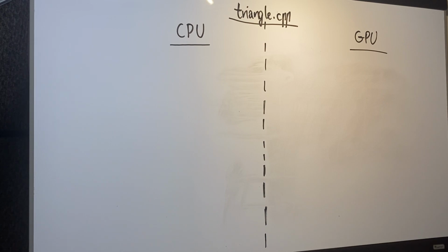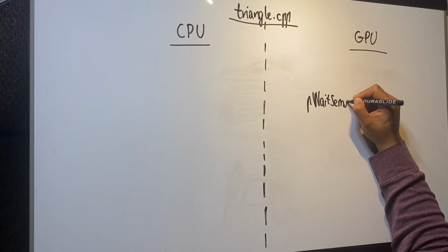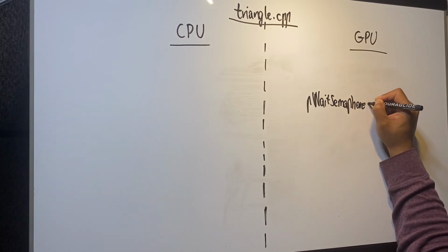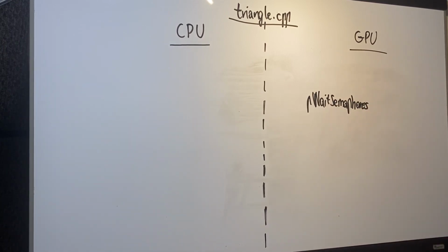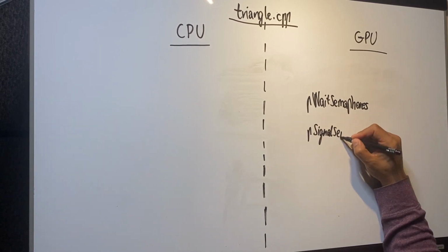So specifically for the semaphore relationship, we have two things called P wait semaphores and P signal semaphores.